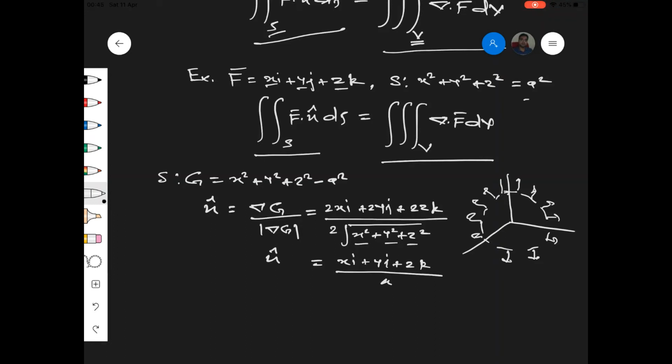So this is our unit outward normal n cap on any point on the sphere S.